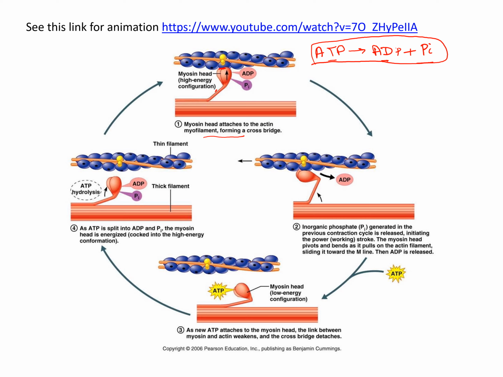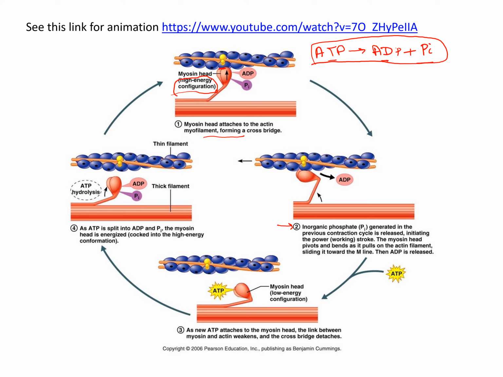At this point, the myosin head is loaded with energy and it's ready to pull on the actin, but it hasn't pulled on the actin yet. This is called the high energy configuration.